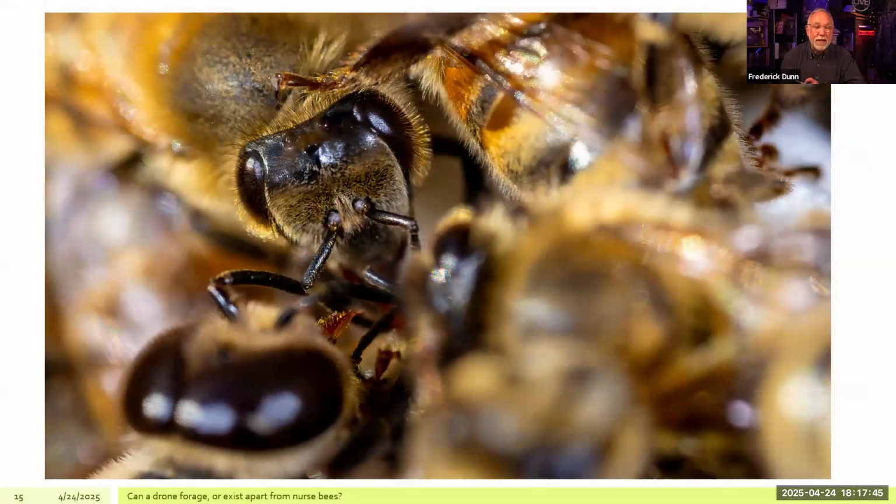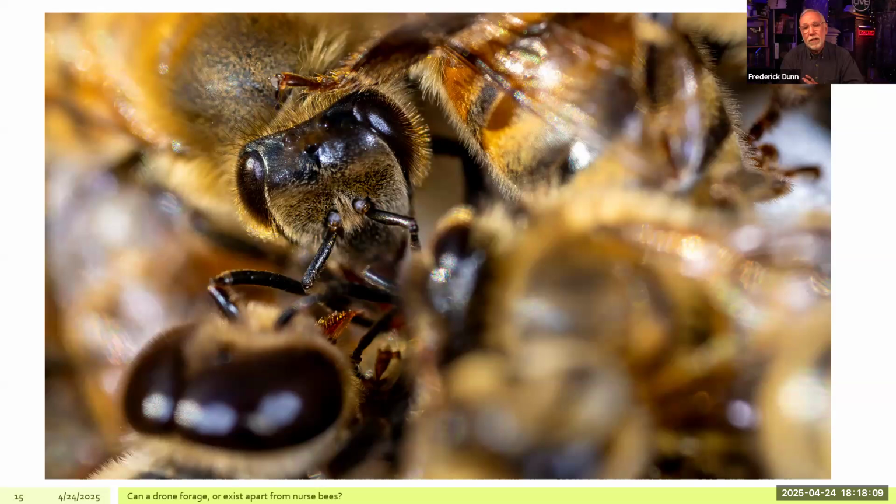So another thing I want to point out, because a lot of people write to me and want me to say all these great things that the drones can do, but what I've really focused on in this image is the tongue of the drone. If you look how tiny that is, I also want you to consider the size of its enormous head. The drone cannot even stick his head into a worker cell to get honey. They have to be fed.